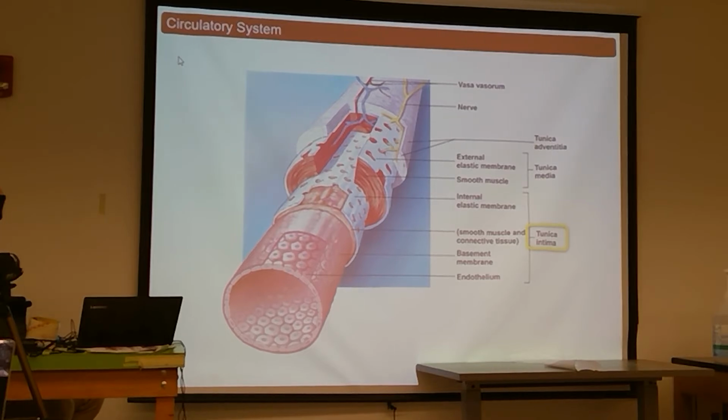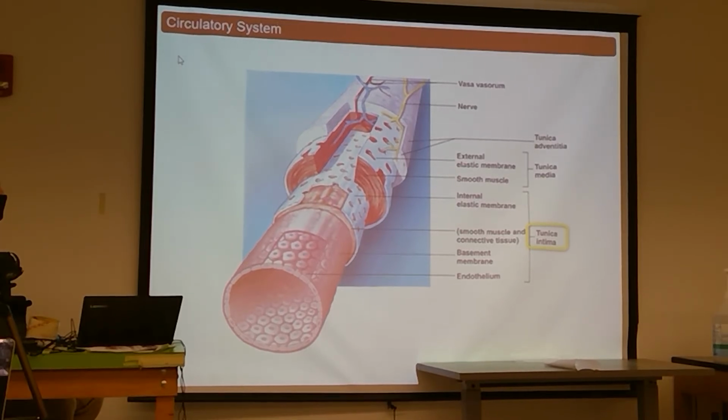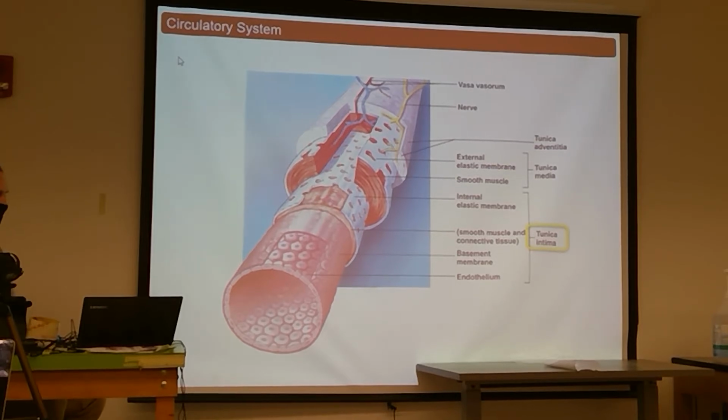So these elastic membranes, and we'll talk about the external one here in a minute, help with that elasticity to allow the artery to expand, but then also go back to its normal form. There's a little bit of smooth muscle and connective tissue within the tunica intima, but not nearly the amount that the tunica media has. So that's going to be the main layer that has the smooth muscle that we'll talk about.